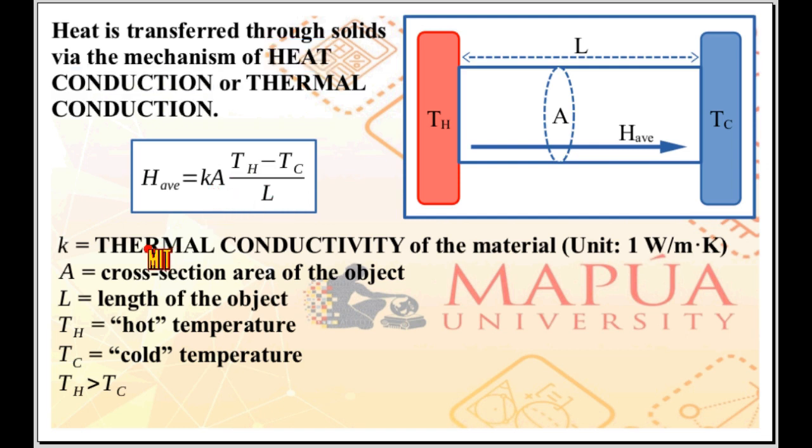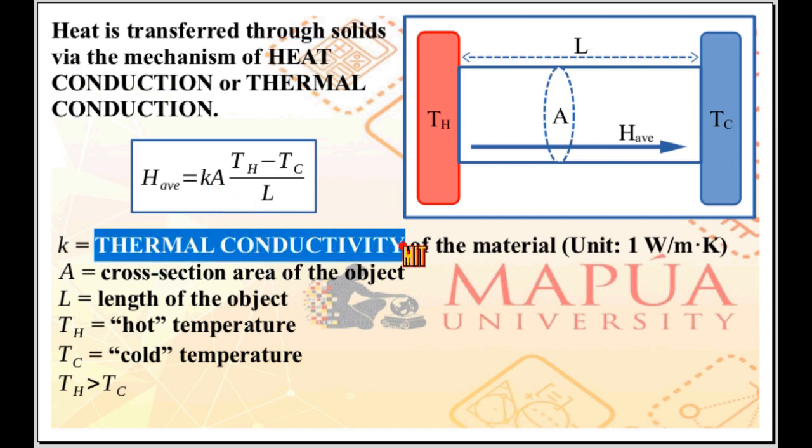K is the thermal conductivity of the material, unit watts per meter Kelvin. This is a property of the material. Each material has its own value of thermal conductivity. A is the cross-section area through which heat is flowing.